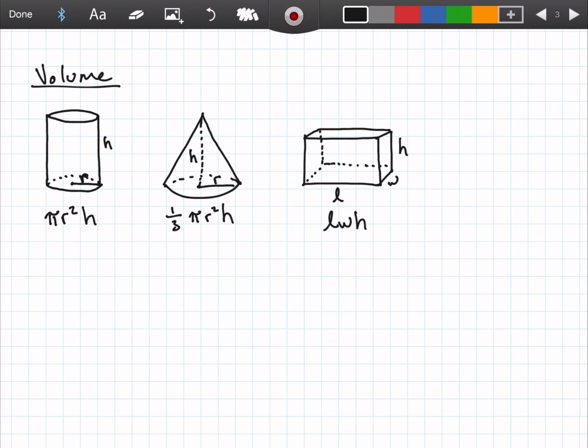Well, if I was to take a pyramid, and let's say we got length times width, and then we're going to say all of that is the height.